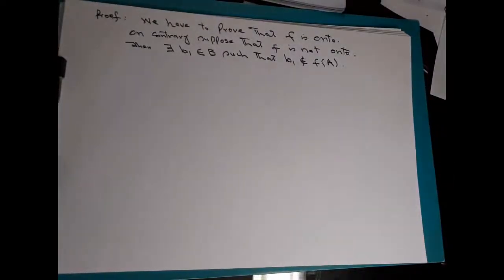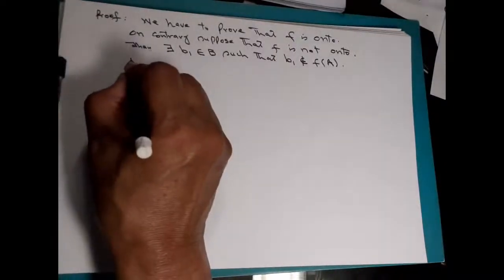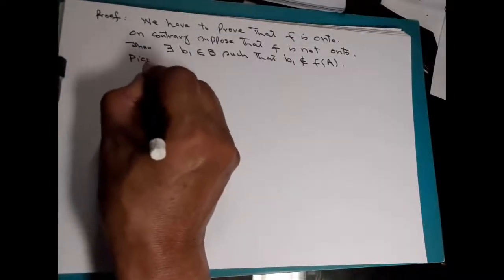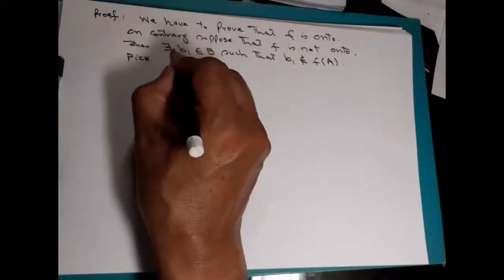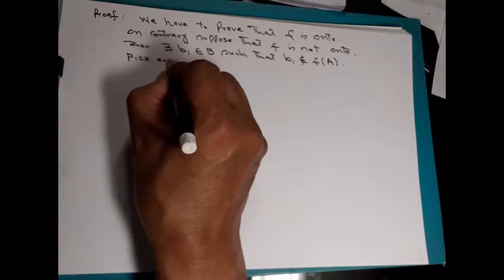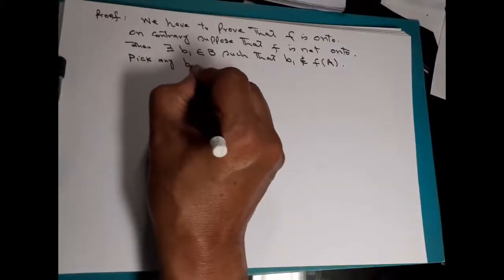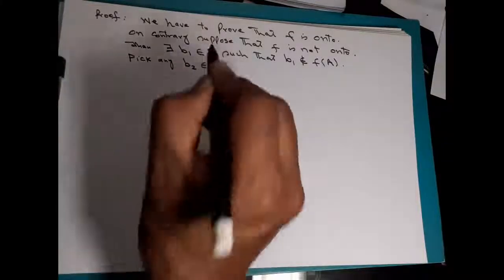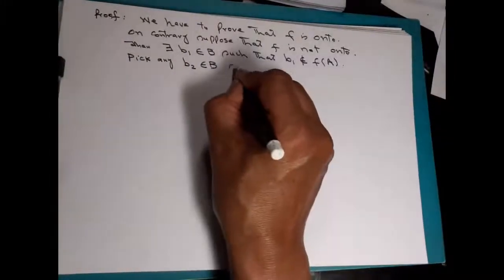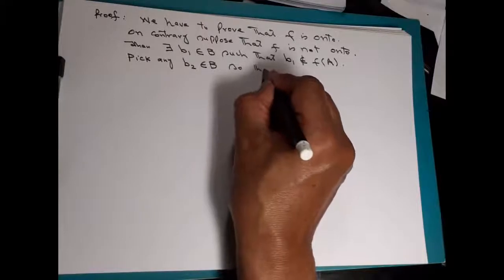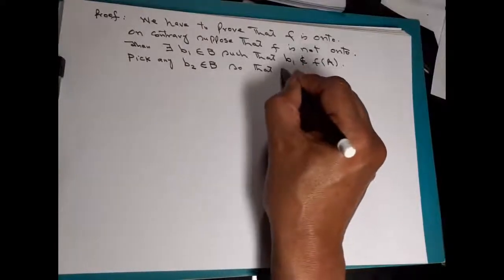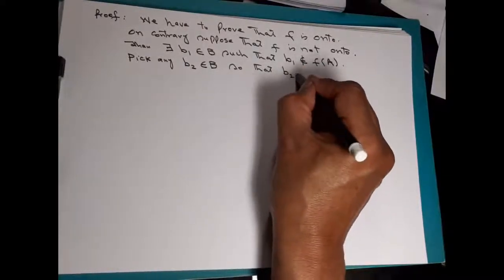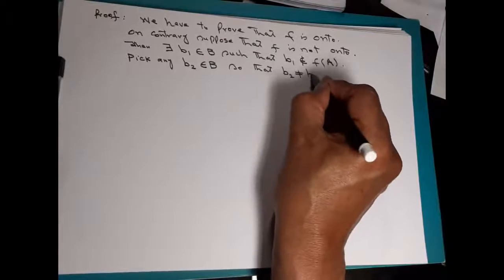Now pick another element of B. In fact, you can pick any element of B. So pick any element, let's call it b2, belonging to B, so that this element b2 must be different from b1, so that b2 is not equal to b1.